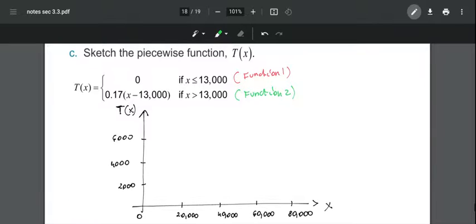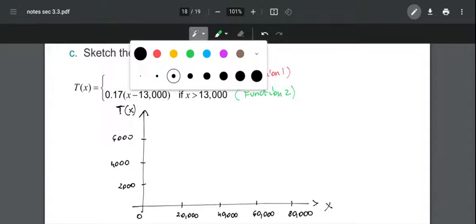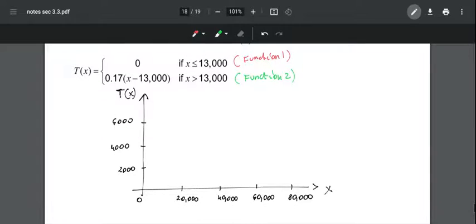So the first piece of this piecewise defined function says that we're paying zero money for the first 13,000. So I will put the 13,000 right here. So that will be right here, a constant function.